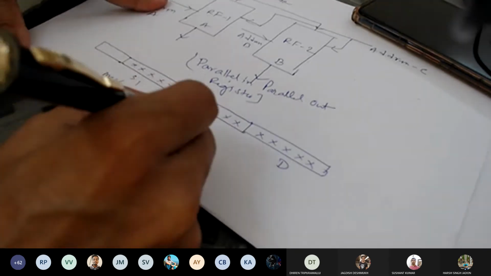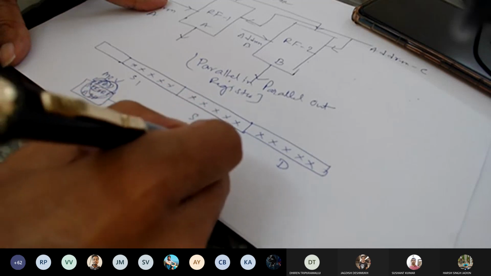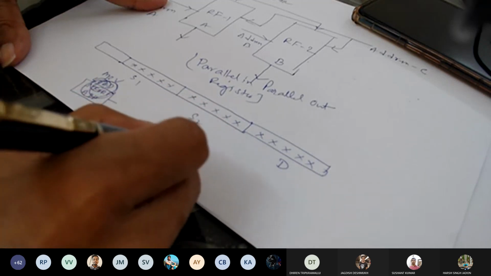Let me write it even. So move, then add and load, and then store.